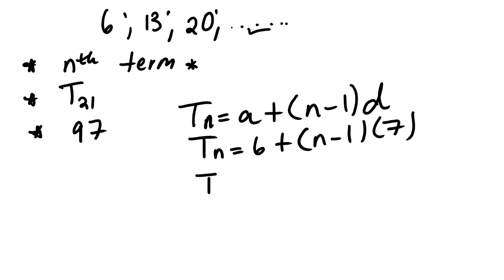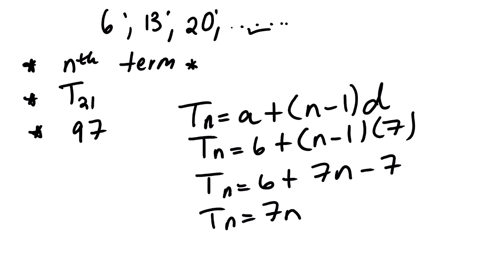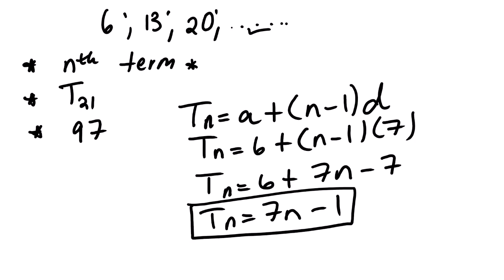The difference is 7. Tn equals 6 plus 7n minus 7. Tn equals 7n minus 1. So we are done with the first question.